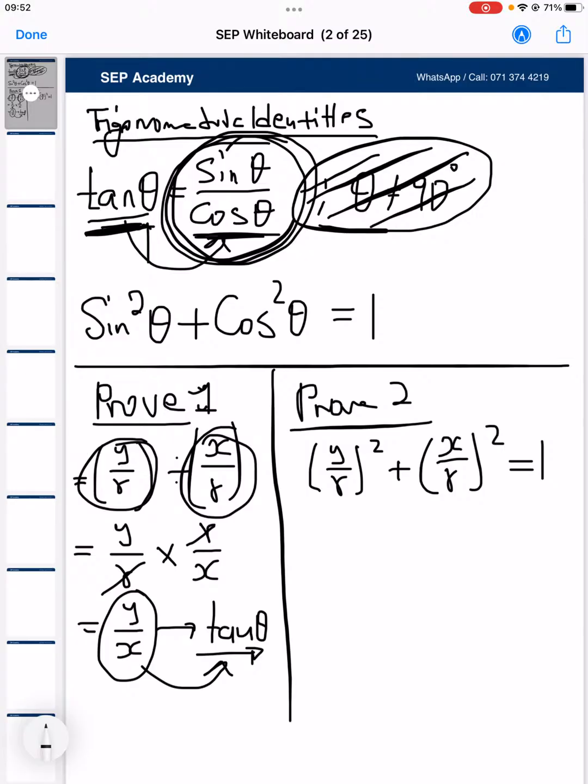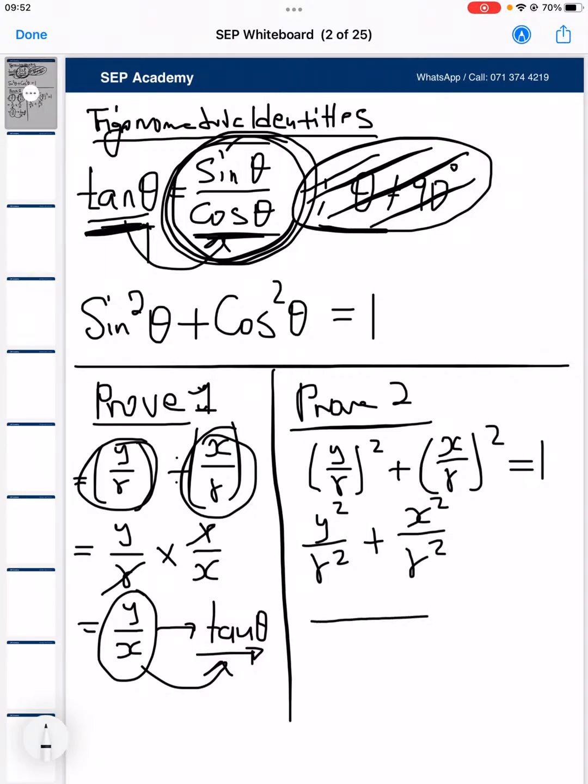Okay, now let's see. Looks like I'll use my finger to write because this thing doesn't want to write. So obviously mathematically we know that y will be squared, and it will also square that r, so that you plus it with the x will be squared, and again the r will be squared.